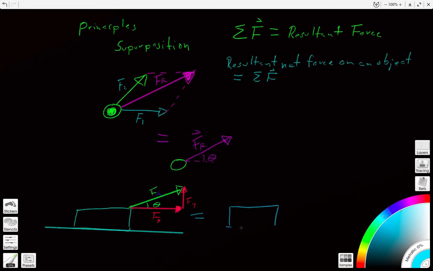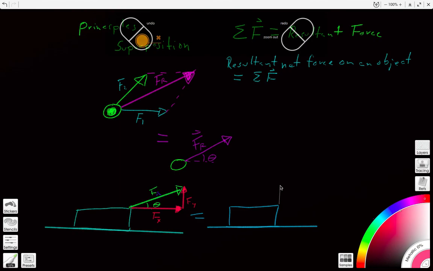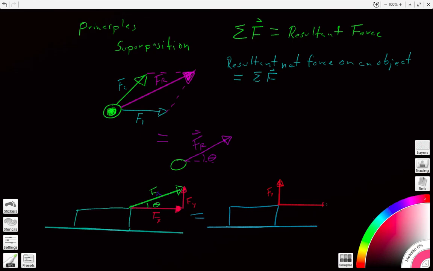We have our box, we have our plane, like that. And this system is equal to one component going upwards, so Fy, one force trying to move the box upwards, and one force trying to move the box towards the right.